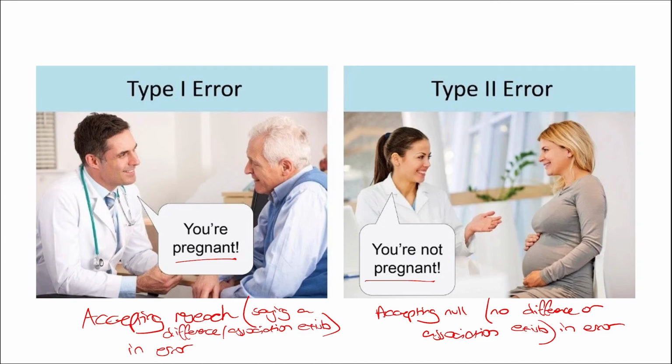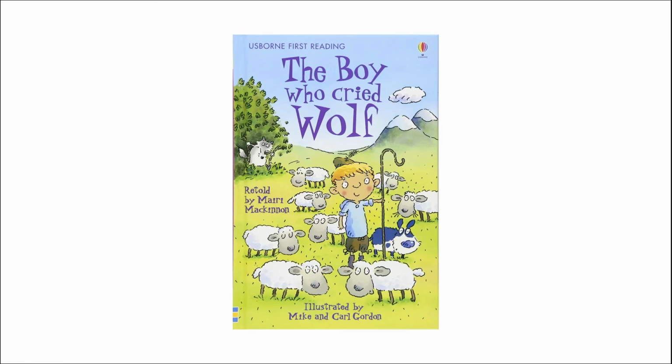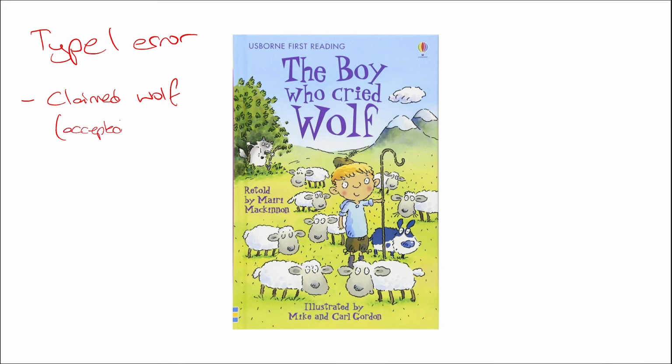That's quite a nice way to think of it, but my favourite is with the story of the boy who cried wolf. I'm sure you know this story. At the beginning of the story, the boy claimed that there was a wolf. That would be like accepting our research hypothesis, when in actual fact, there was no wolf.